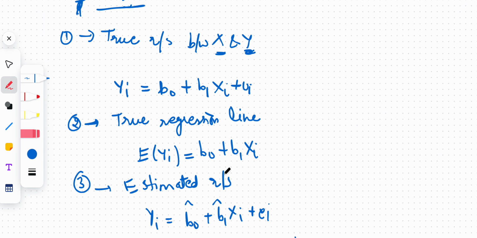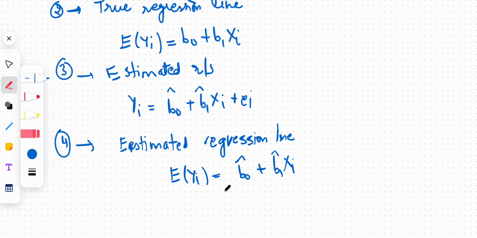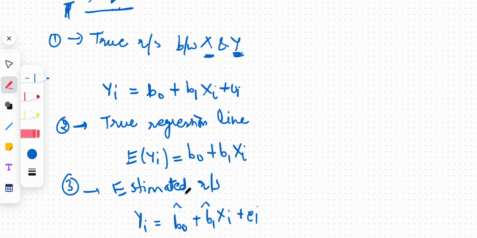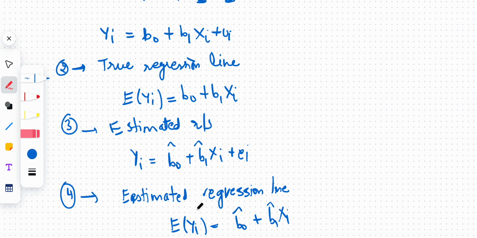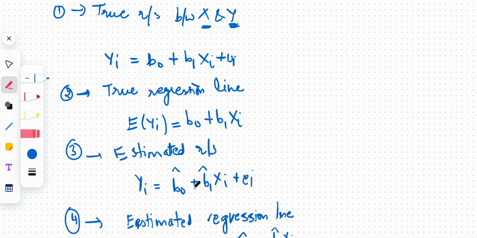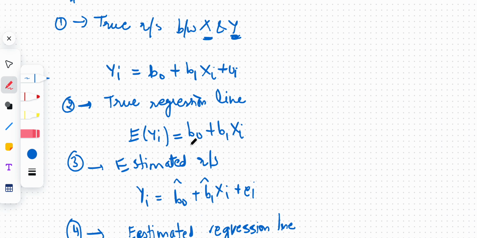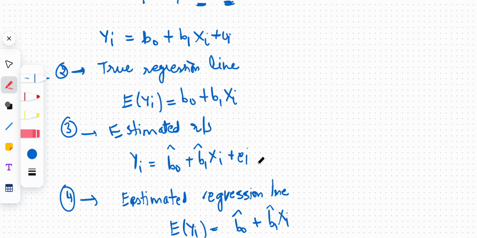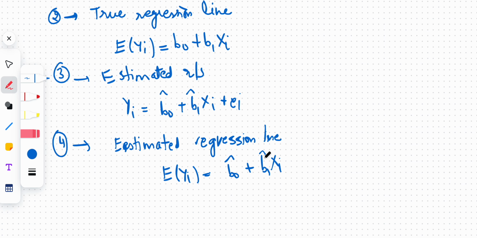This is how we started and this is how it became. The yi cap is very important to understand what we are after, these caps upon betas, whether it's the estimated or the true regression line. We're mostly going to be in this business only. From this we will draw assumptions about the other business.